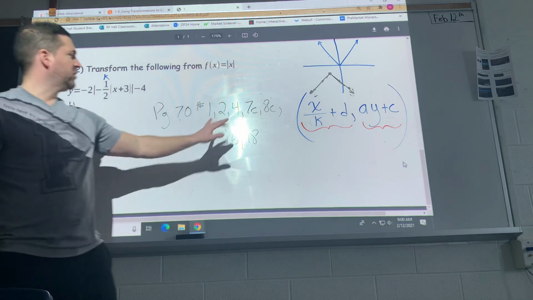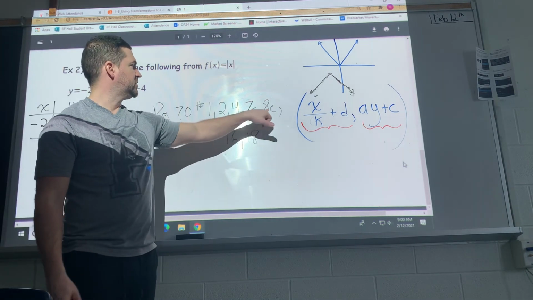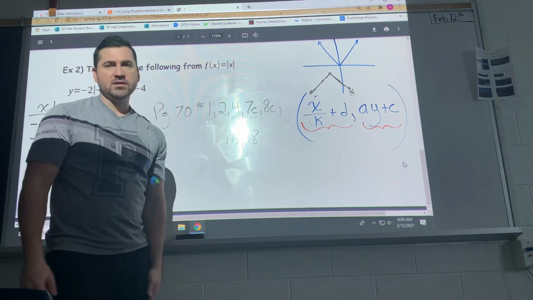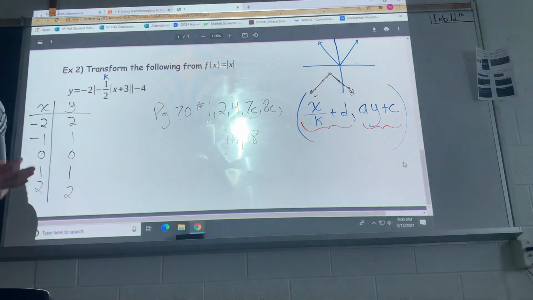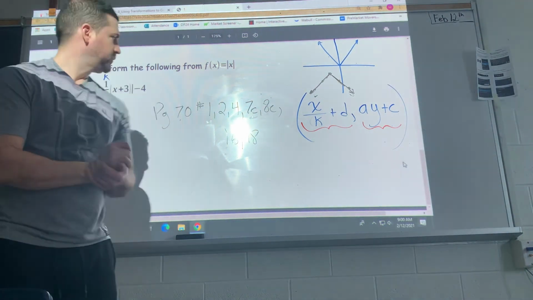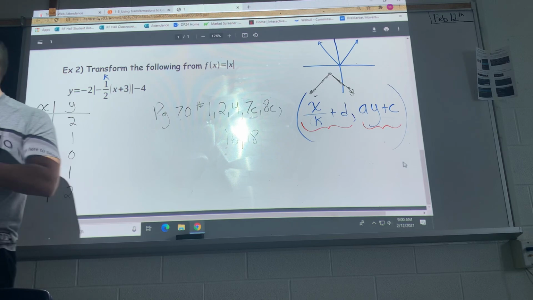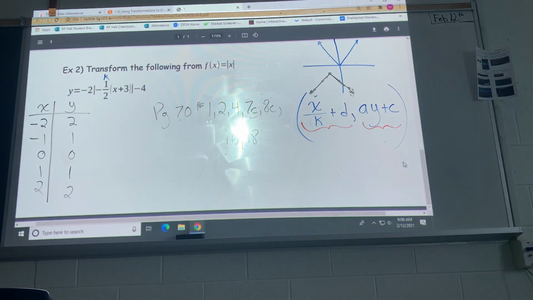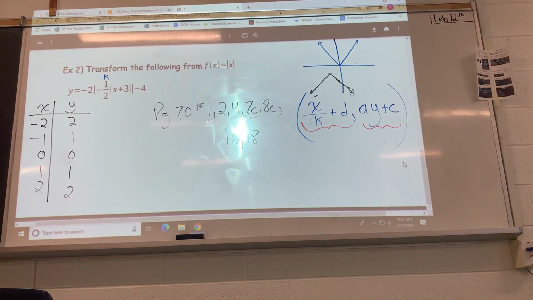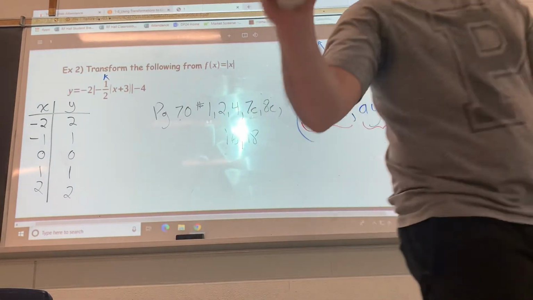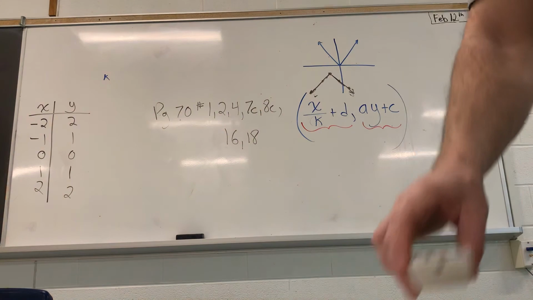I think only 3 of them are graphing. So 7, 8, and I think 16. The rest is kind of just matching the graphs. So again, page 70, 1, 2, 4. Let me just turn this off so you guys can see it.